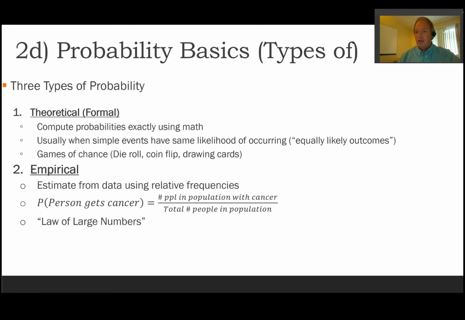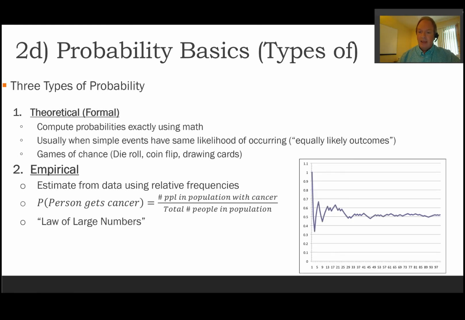And so just to illustrate this, okay, if you flip a coin, these are the number of coin flips, and this is the percentage of the flips that came up heads. And so you can see that as the number of flips gets very, very large, the percentage of times that I obtained heads begins to converge to 1/2.